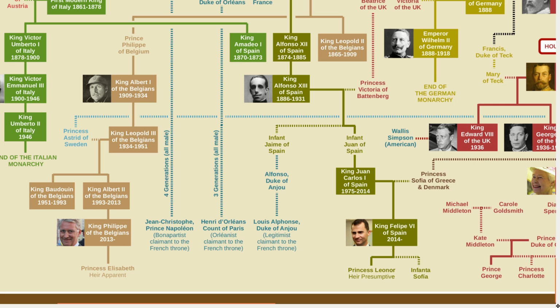Before his death, Franco decided that he would allow the monarchy to be reestablished after his death, but he didn't want this individual, the son of the last king, to become king. So he appointed as his successor Juan Carlos I, who becomes king in 1975.